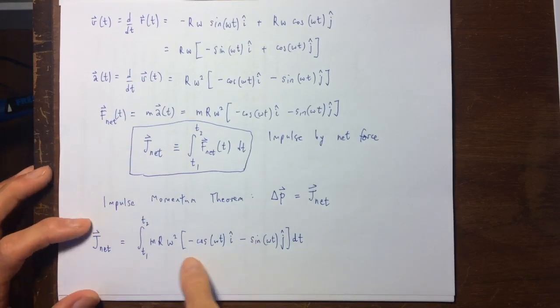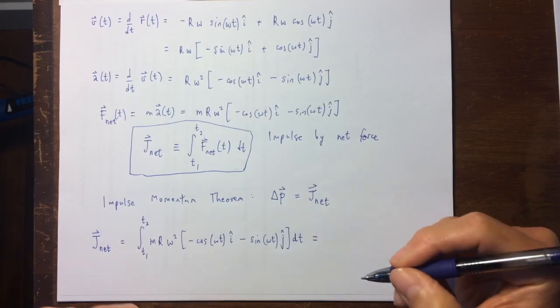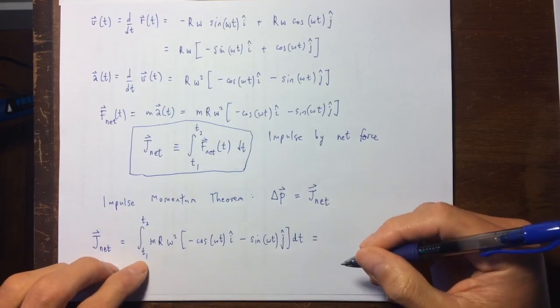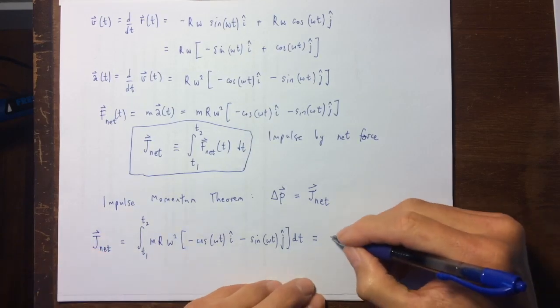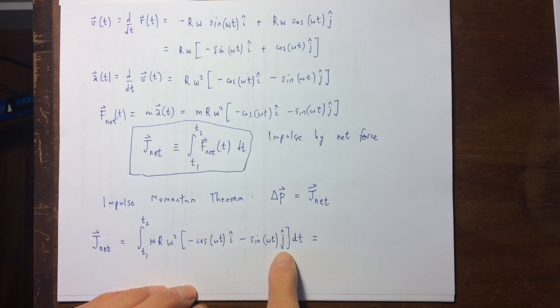This is a small amount of time to multiply on the integrand. Okay, so I'm going to rewrite this though as the following. I'm going to split it up into two parts. I'm going to say that there is an x direction part and a y direction part.